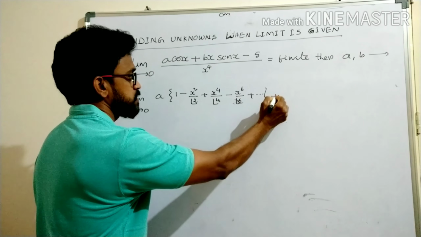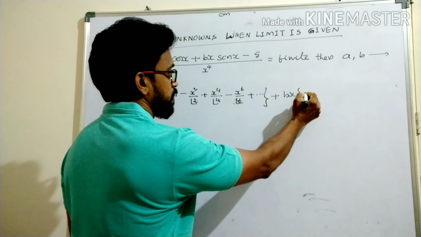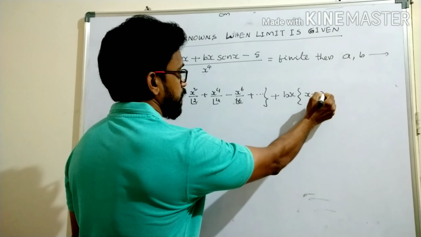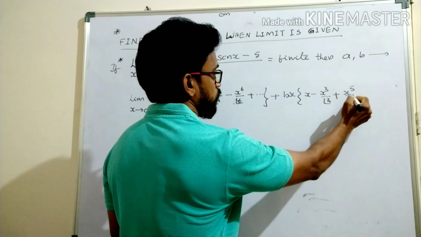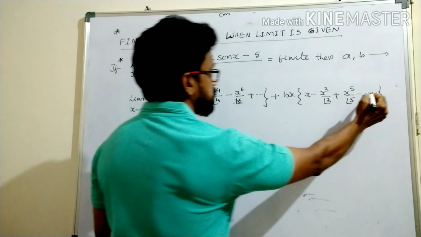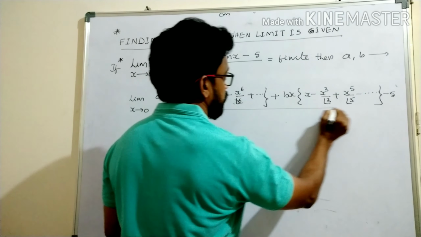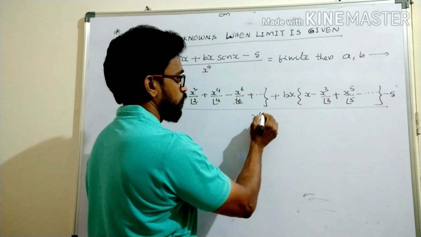Close, plus b x into the sin x series: x minus x cube by factorial 3 plus x power 5 by factorial 5 and so on. Minus 5, divided by x power 4.